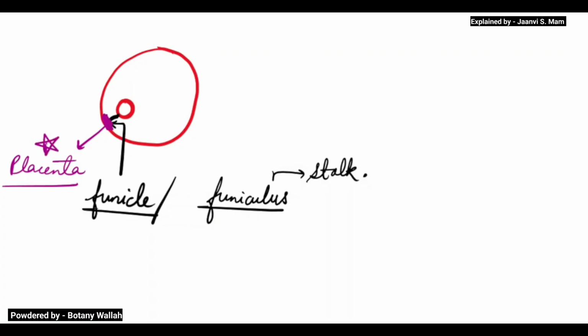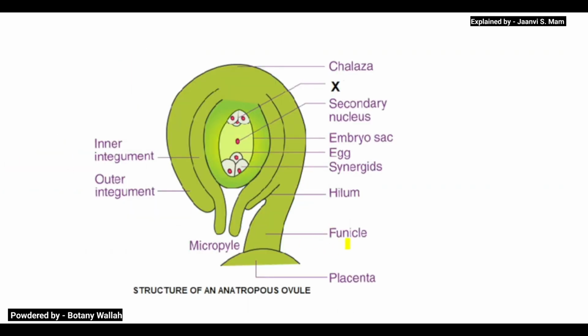It is a tissue attached to the ovary, and on this tissue the ovule develops. So these are the two terms which you should know, placenta and funicle, or funiculus. So here in the diagram there is a presence of funicle and placenta.